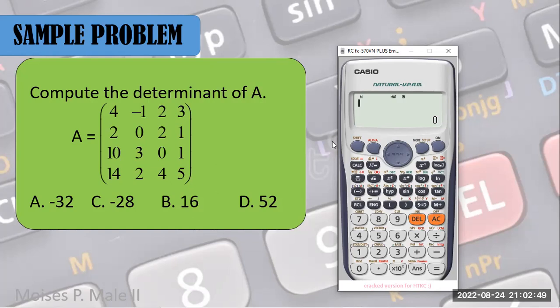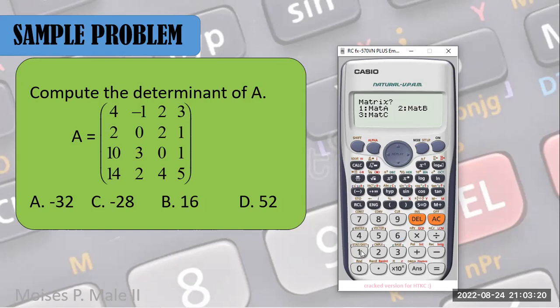Then gamitin yung cofactor para example, you choose this one, no? This row, okay? So therefore, makakuha lang kayo ng value for these three elements. Ito, 0 na to. Okay, so therefore, ang magagamit nyo lang na matrix, tatlong matrix lang. Okay, so mode matrix 6.